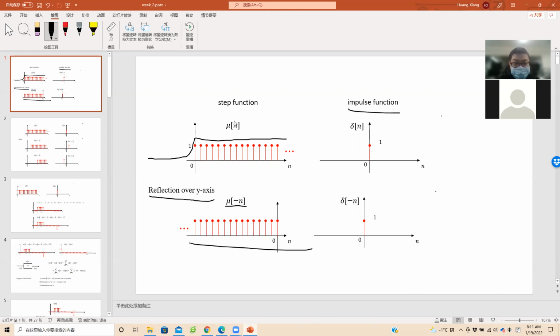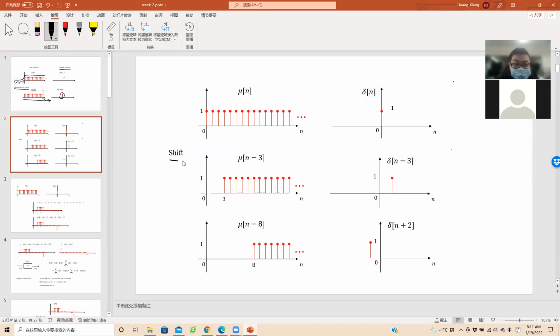You can see for the step function u of n, there is no value for the negative part, but for u of minus n, there is no value for the positive part. For the impulse function, delta of minus n equals delta of n. That's because we only have a value at n equals 0. So let's move on.